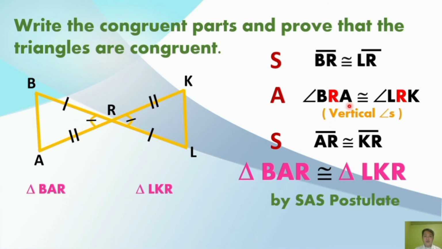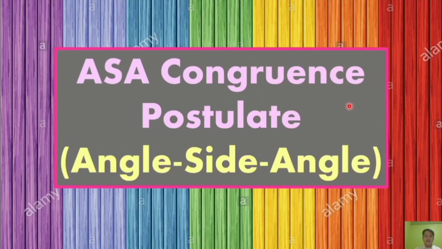Okay, so I hope you understood this one. Let us now proceed to the third triangle congruence postulate. We have ASA congruence postulate. Ano nga ba itong ASA congruence postulate? Okay, you are correct.